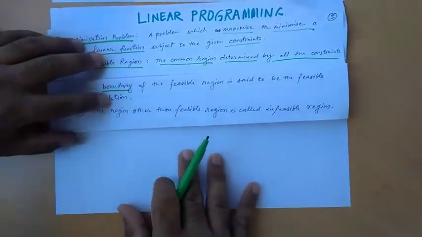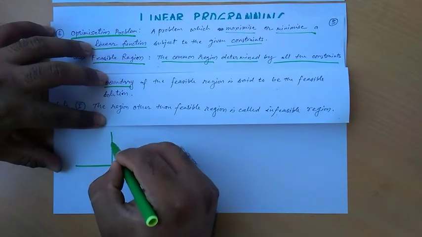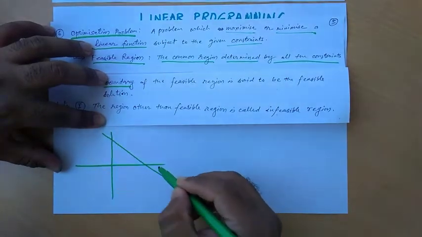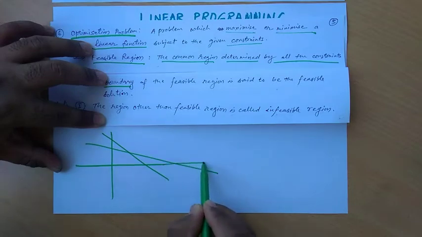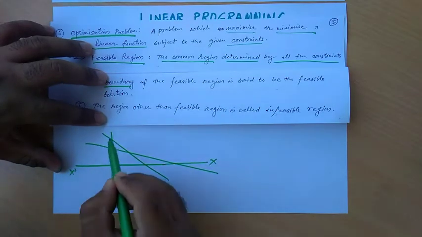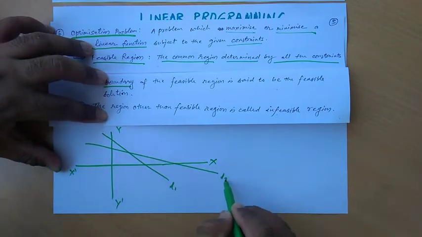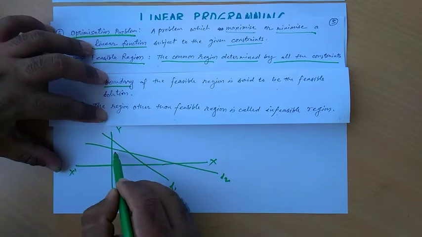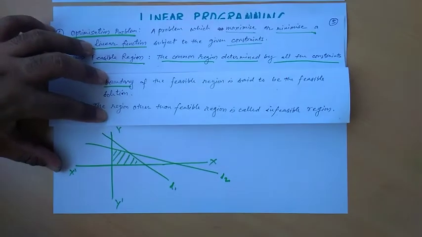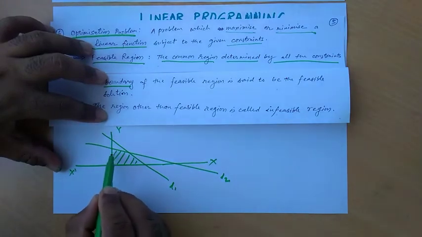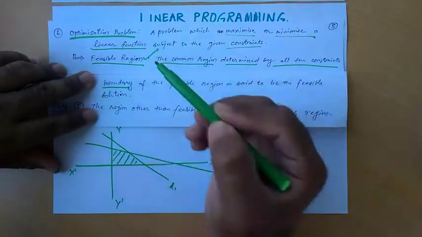If I draw one graph and say this is the x-axis, this is the y-axis, and this is L1, this is L2, and for example I consider this one, then this hashed or shaded portion is known as the feasible region.